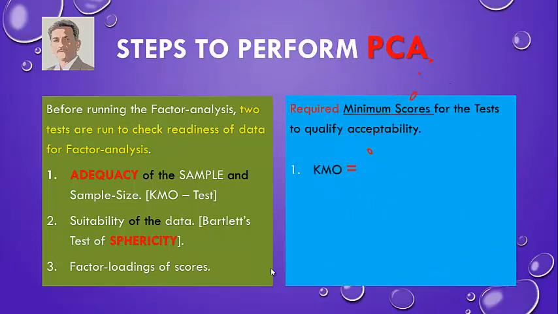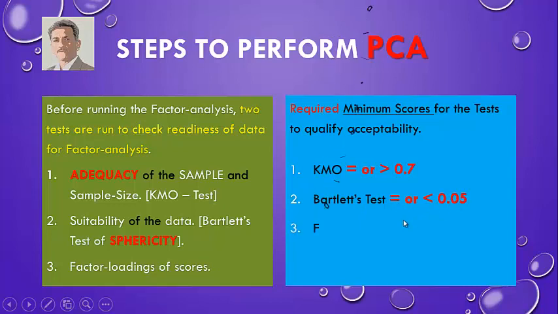Required minimum scores for all these three tests are as given by the experts: KMO must be equal to or greater than 0.7. The Bartlett test, the second suitability test, or sphericity test, must be equal to or less than 0.05, while the factor loading of each question must be equal to or greater than 0.4.